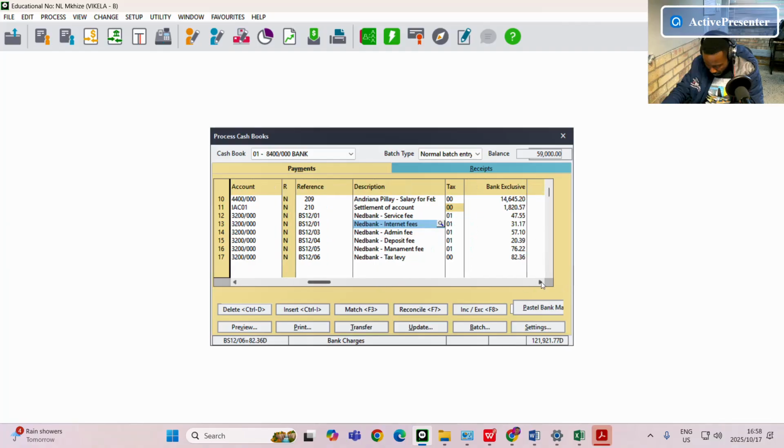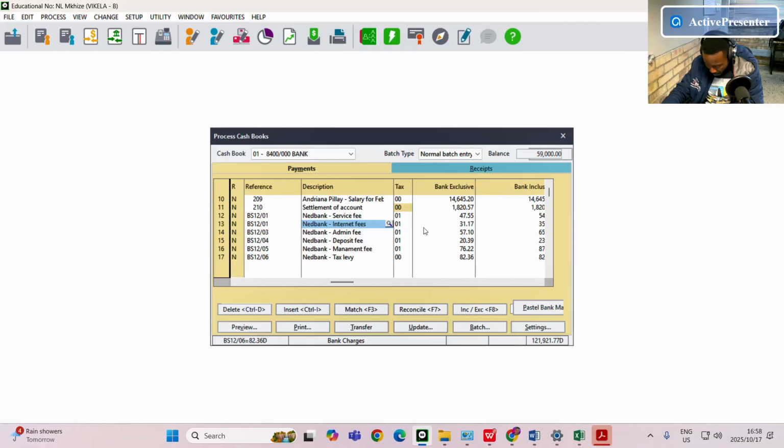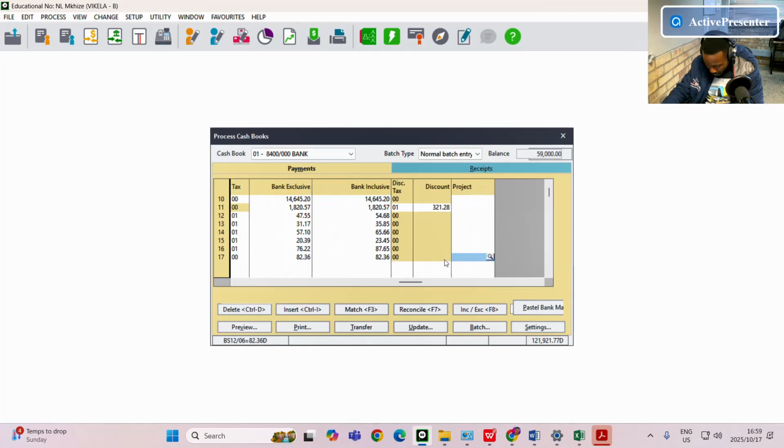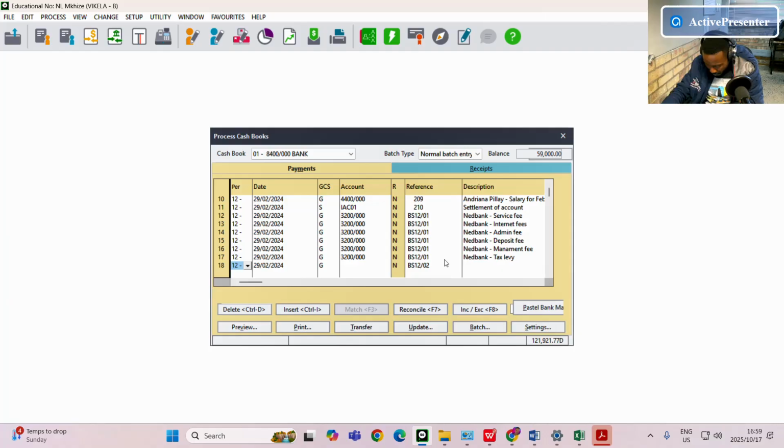Everything that's a bank charge, let it go under the same reference. So when you're doing the bank recon, you just put this reference and it's going to include all the bank charges at the same time. Meaning the next available one for the CPJ is going to be BS 12/02. So that's the next thing I'm going to record.